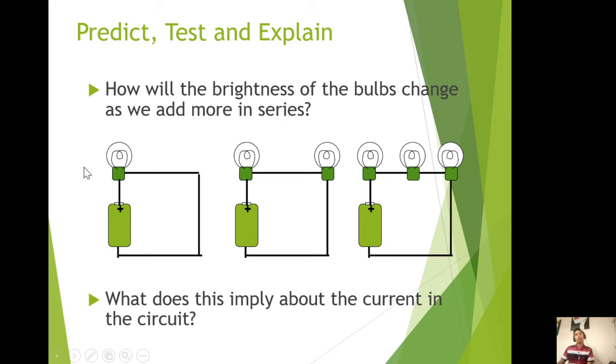For example, if 1 ampere flows to bulb number 1, that is also the amount of current that flows to the second bulb, and so on and so forth. The same amount of current, equally distributed, means the same current flows to each of the bulbs.